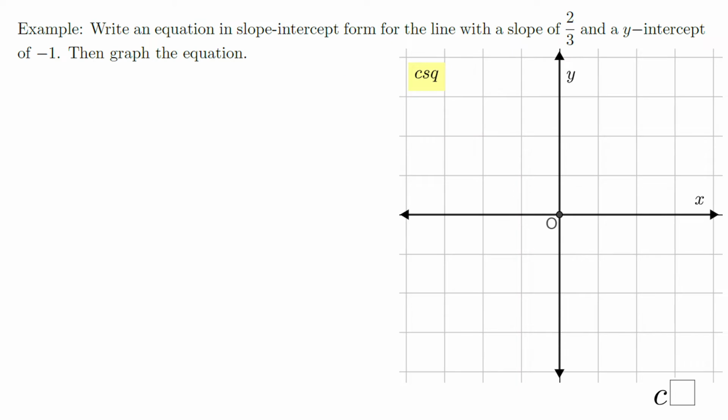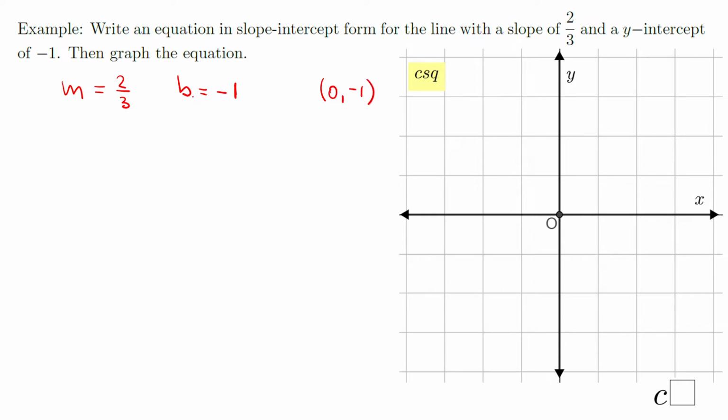In this one, write an equation in slope-intercept form for the line with a slope of 2/3 and the y-intercept of -1. So the slope is 2/3, and the y-intercept, which is b, is -1. Of course, you may want to know that the y-intercept is this point.